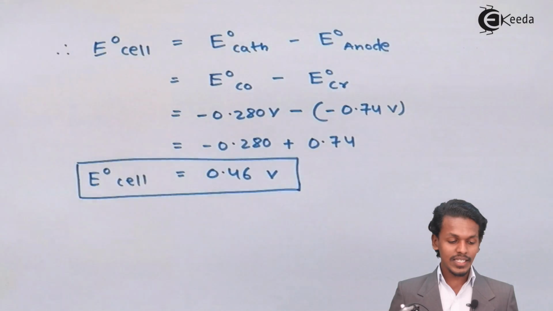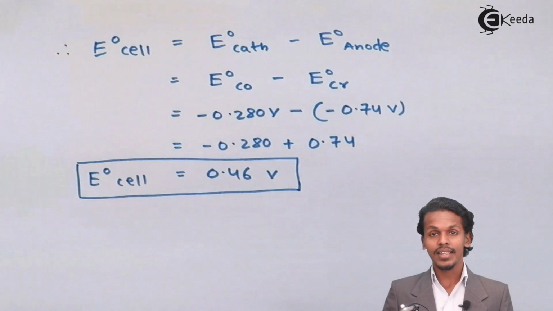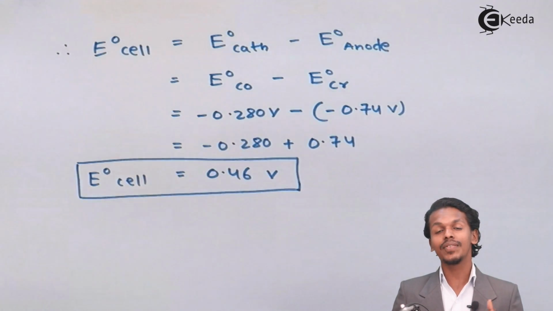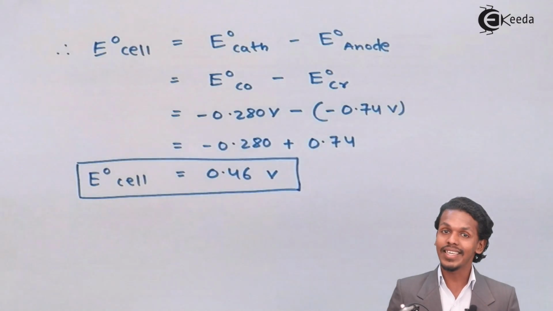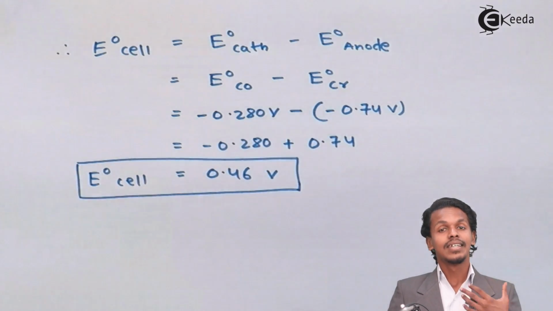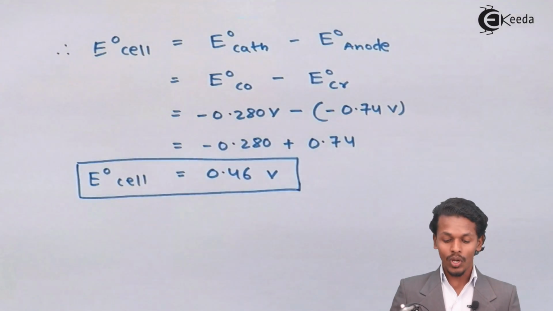And now based on this, we have to calculate the delta G value. But for delta G we should know the E cell, or the cell potential of a particular cell. So how can we calculate it?